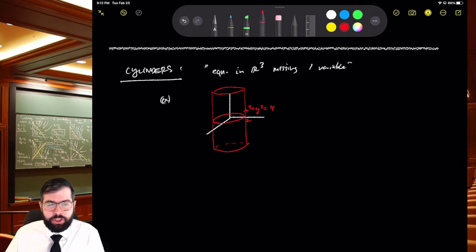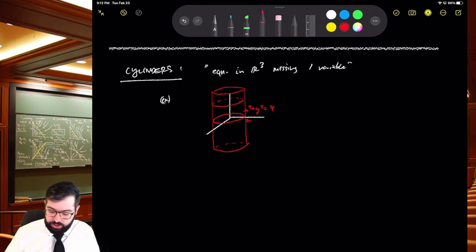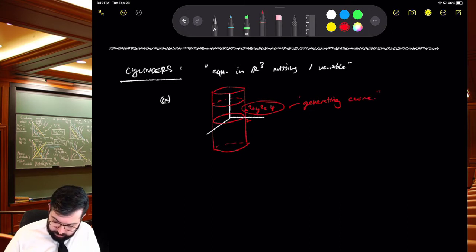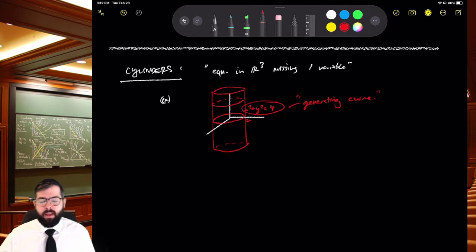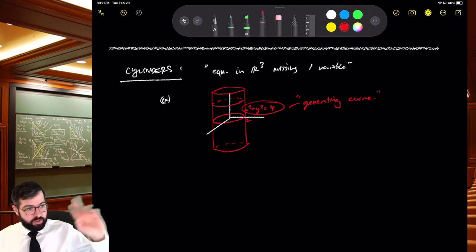But really, we're going to shift that definition now to be that it has cross sections or traces that are made by this generating curve. So here the generating curve is this circle equation, and then we project it down this axis.